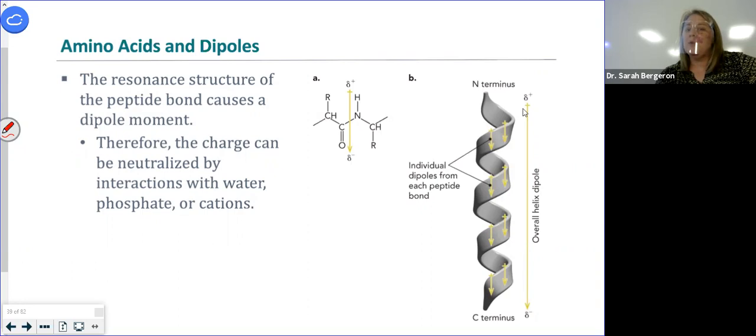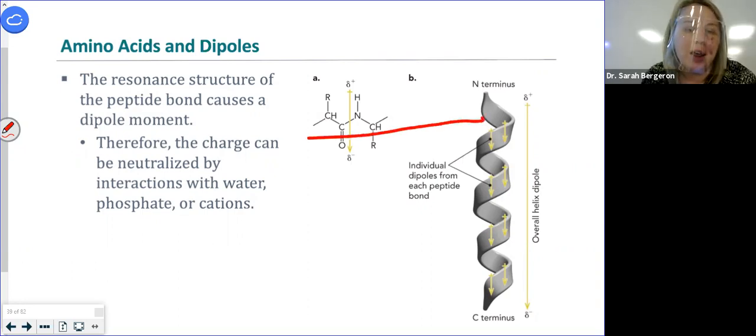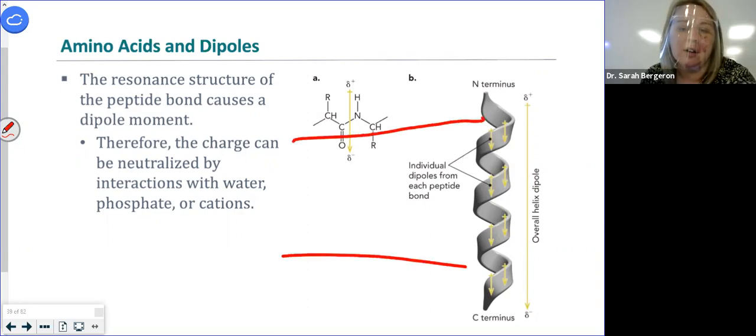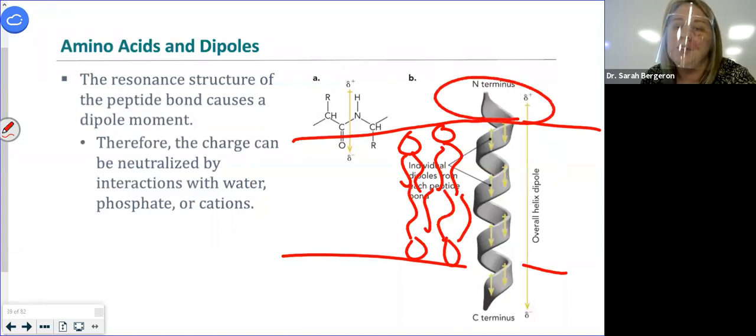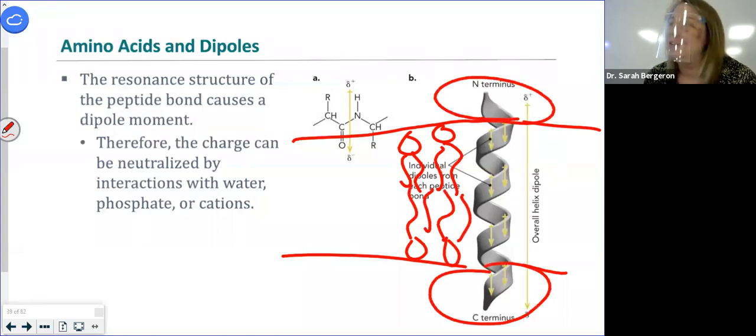But if this is a membrane, here and here, and you have all of your fatty acid chains, like this, what part of the protein would be sticking out? The charged residues, the charged ends. So then what happens? What can it interact with?